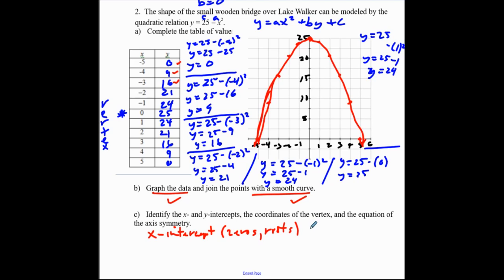These are going to be x equals -5 and x equals +5. You can see them right here. So we have 5, 0 and -5, 0.